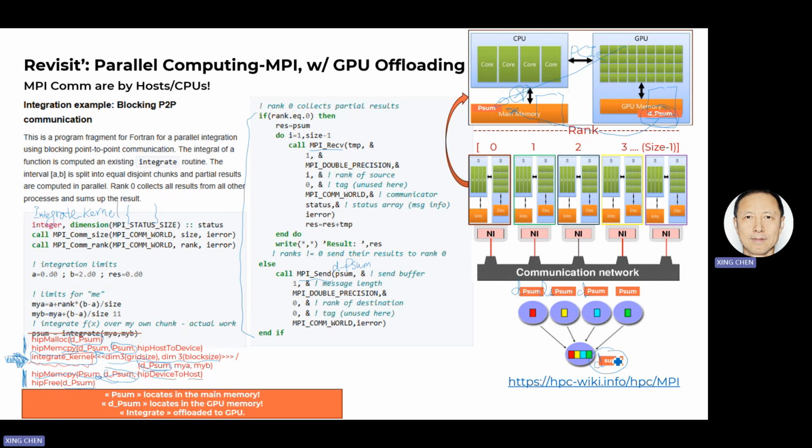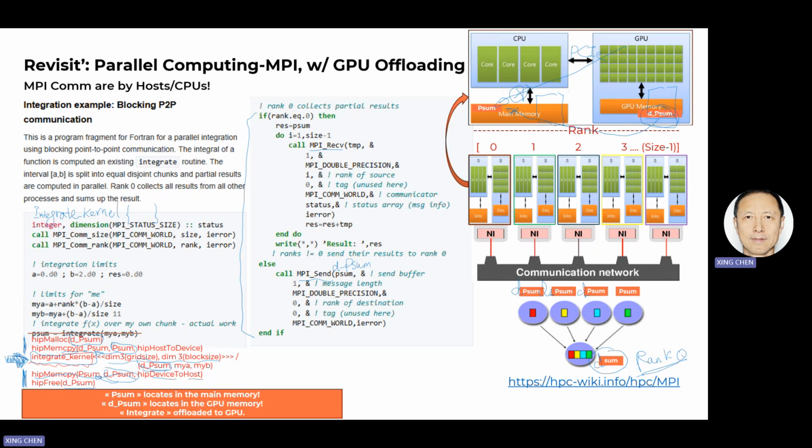And finally, at the very end, you transfer the dp-sum from the GPU to the CPU, and only rank 0 needs to do this one. The others don't need to do it. Is that okay or not? So in this case, we can simplify things. That sounds okay because the CPU can access the GPU memory.